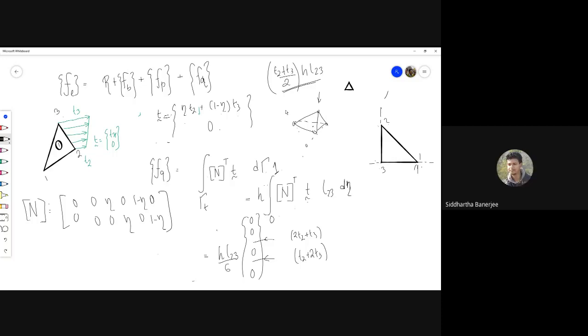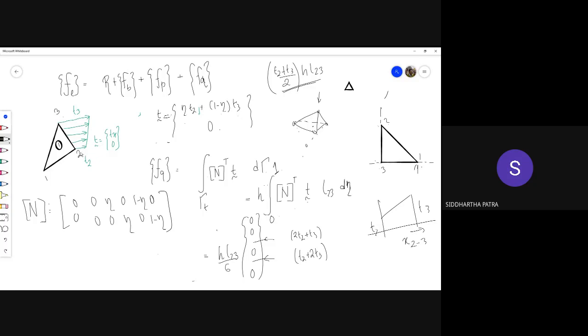Sir, how did the result above come about, how did T2 plus T3 come? If this is the length, the distance measured along 2 3, so if it is the coordinate along 2 3, on one side the traction is T2, then on the other side it is T3.